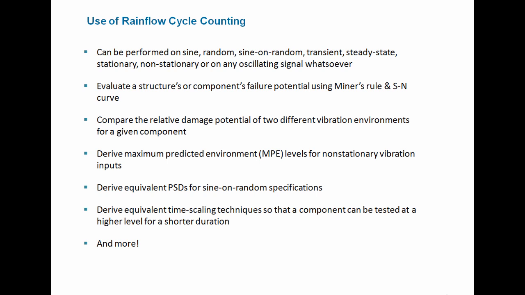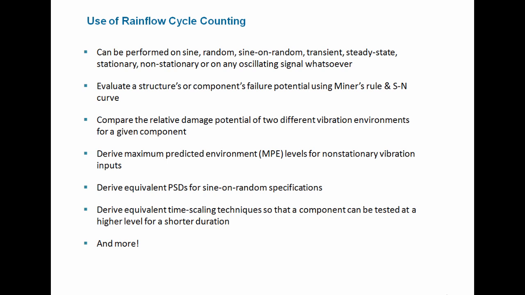But to simplify that type of specification, that test, we might want to convert that just to an equivalent PSD. So how can we come up with a PSD that covers a sine on random environment? Well, there's actually a method to do that using rainflow fatigue, and we will cover that in a future webinar.